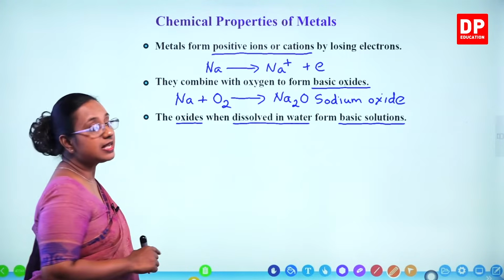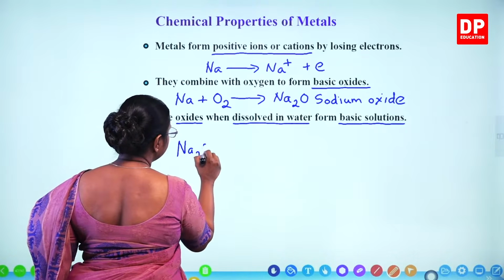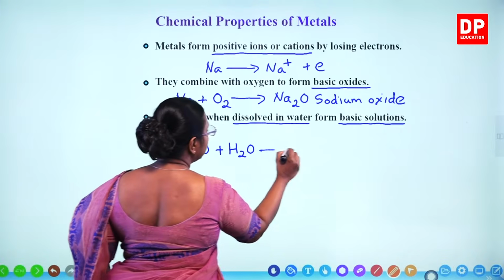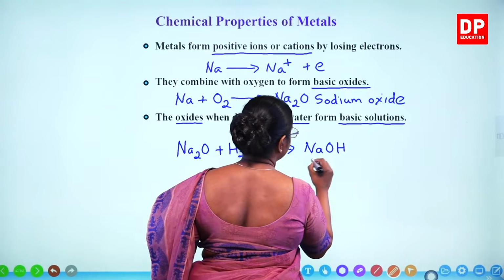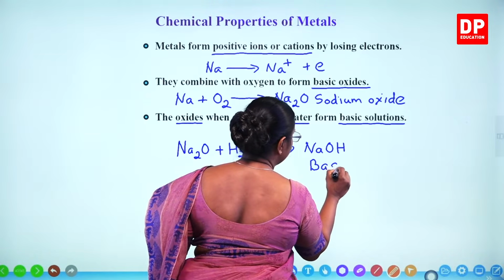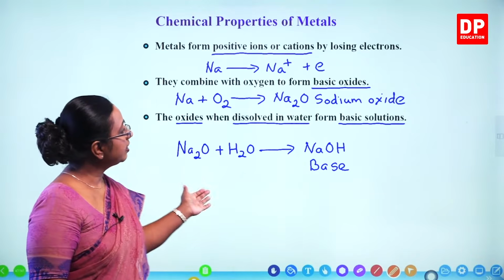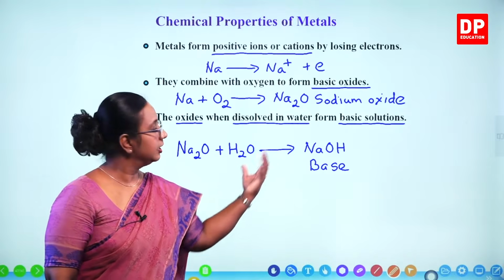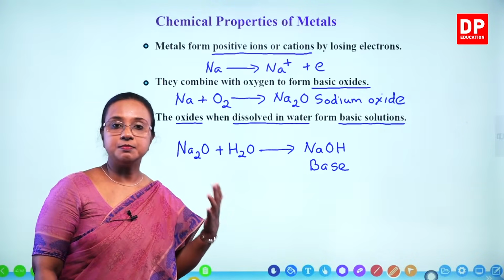If we take the same oxide, sodium oxide, and it dissolves in water, it will form sodium hydroxide. This is a base, a basic solution. So because the oxides are basic, they dissolve in water and form a solution which is also a base.